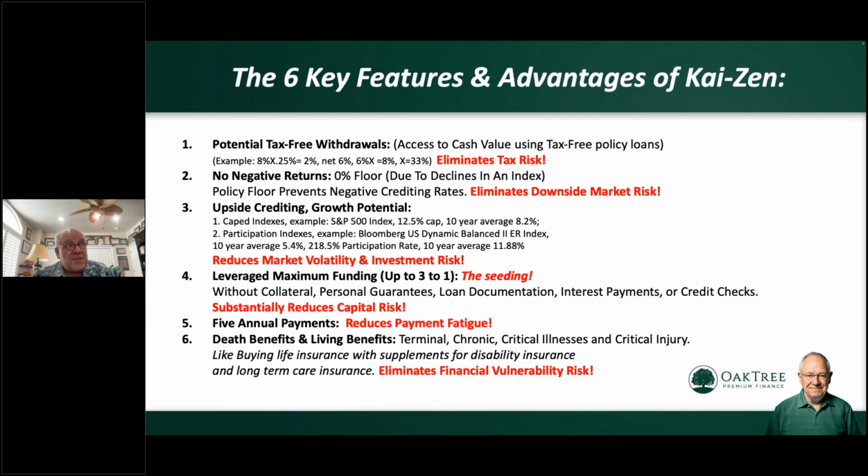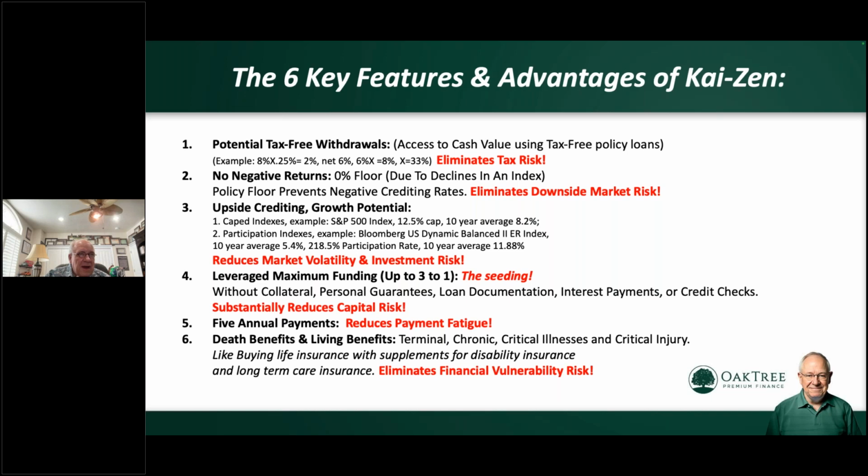There's a lot on this page, but I'm trying to keep it simple. The 6 key features and advantages of Kaizen. We'll be spending a minute here so you understand them. Number 1, potential tax-free withdrawals. Access to cash value using tax-free policy loans.